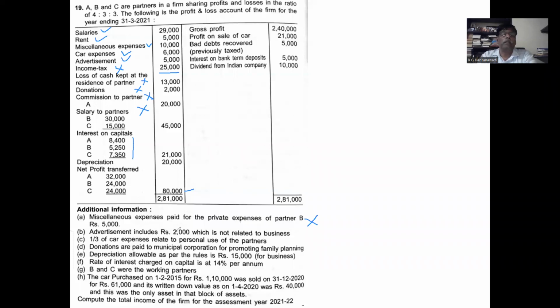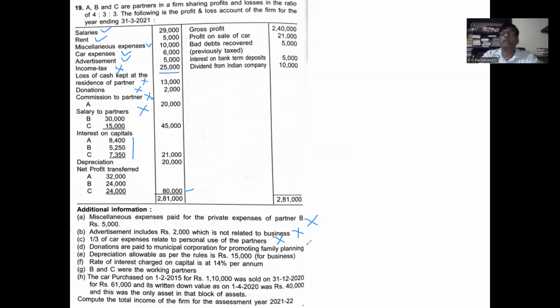Then advertisement includes 2,000 which is not related to business, disallowed. 2,000 rupees disallowed. 1/3 of the car expense related to personal use of partner. This is also disallowed. Donations are paid to municipal corporation for promoting family planning.